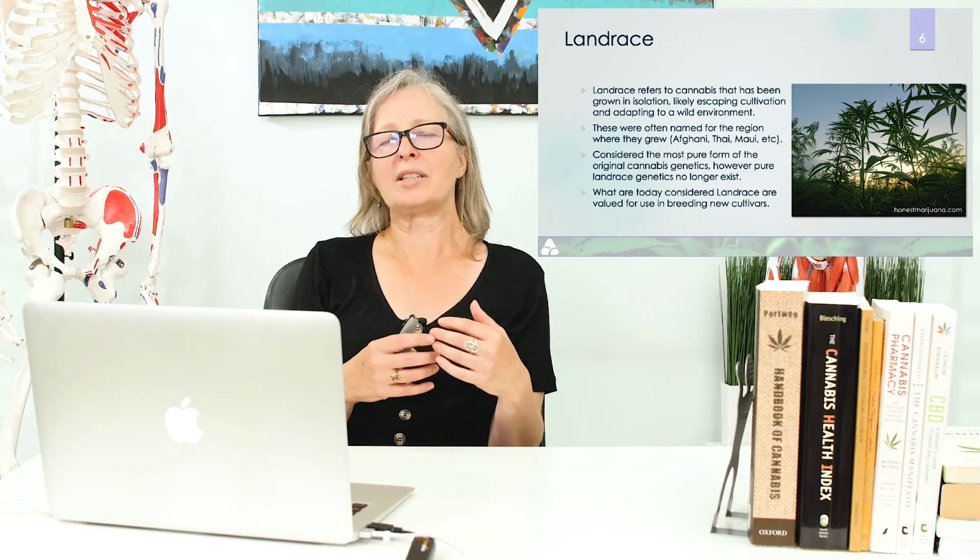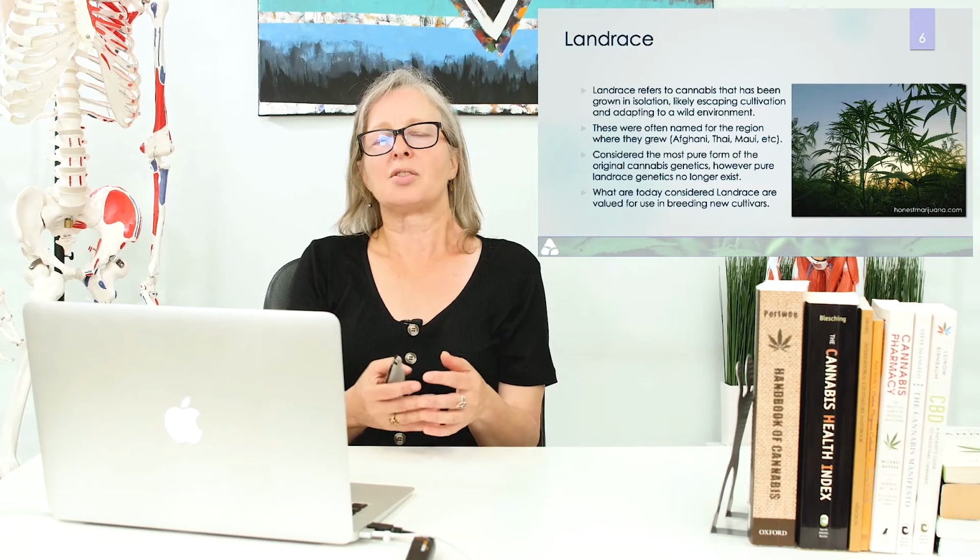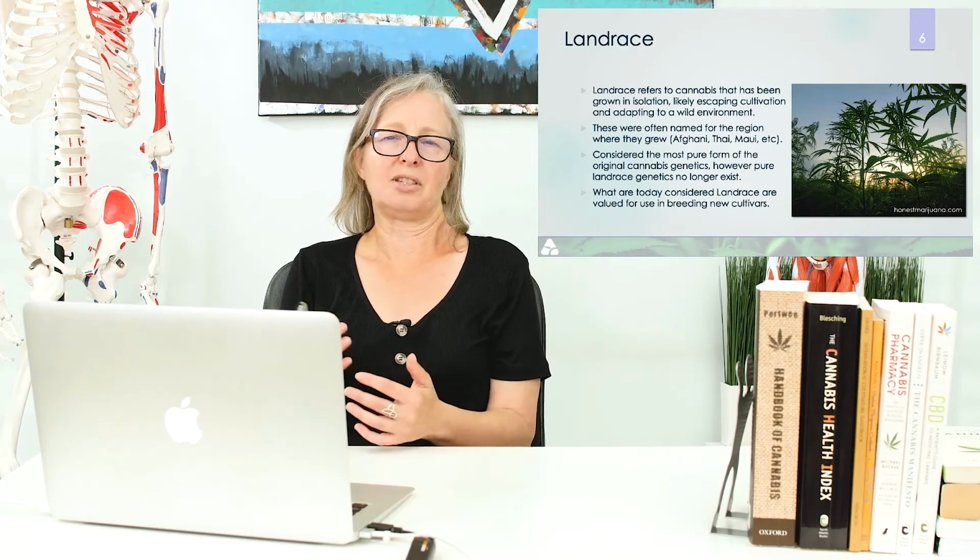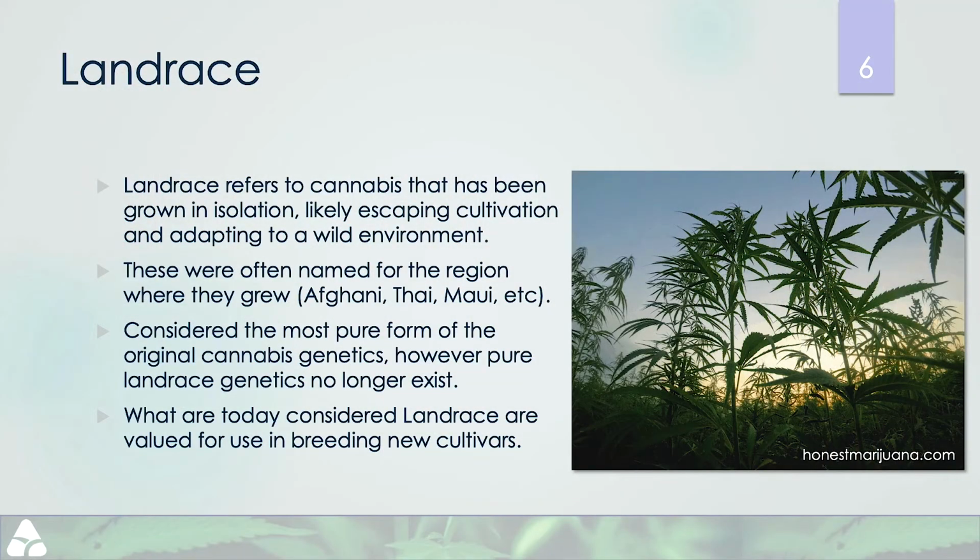Now, what we do have is what some people call original genetics, but they're not original. They're just sort of original since people started using them in modern day. And these are called the landrace species, or landrace cultivars, landrace strains.